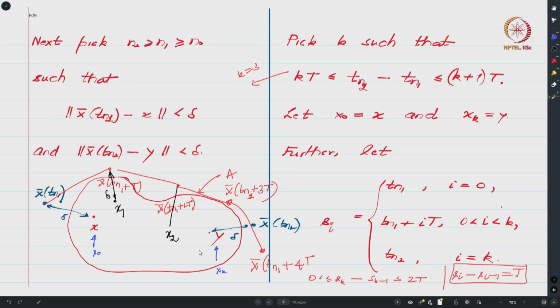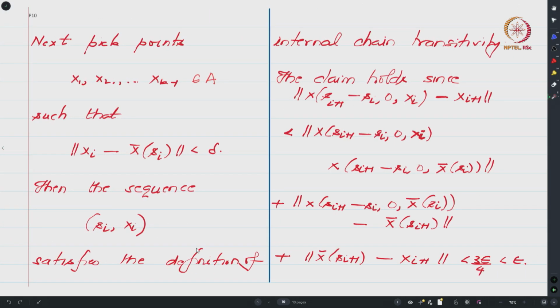So in this way you have chosen x0, x1, x2, x3, and using these intermediate points, we will show that if you start from x, we can in some sense go to y by using solution trajectories of your limiting ODE. We are now going to formally show that.